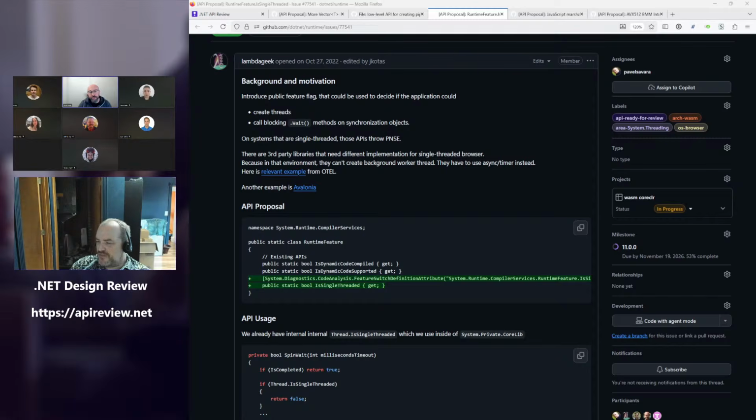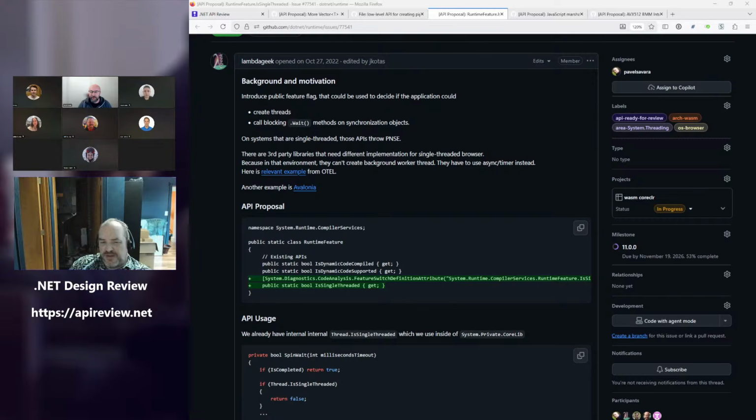As well, we will use the same flag inside of the base class libraries to trim extra functionality that is not used in single-threaded browser, or to throw platform not supported exception for waiting operations. That's all I have. Questions?